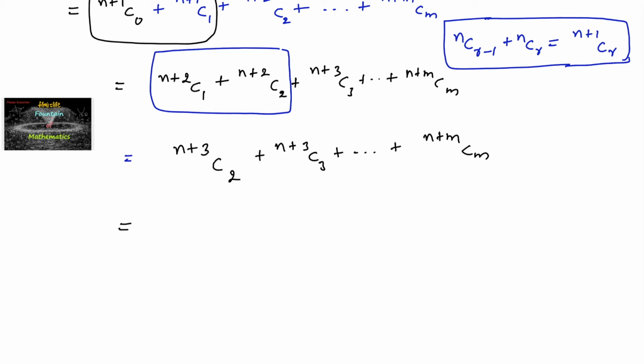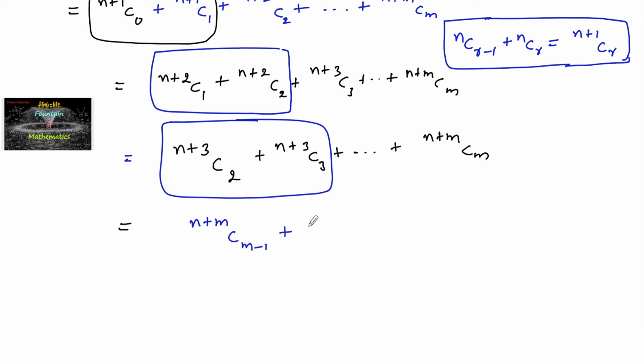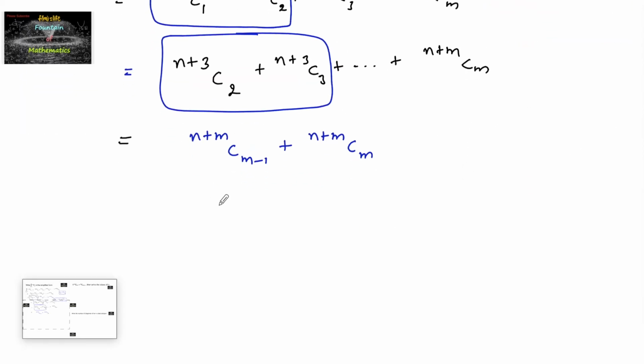So if we keep continuing doing this, we will be getting the last two terms as n plus m C m minus 1 and plus n plus m C m. So again by using the property, we can write here n plus m plus 1 C m.